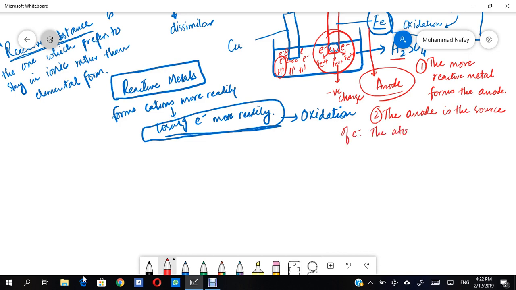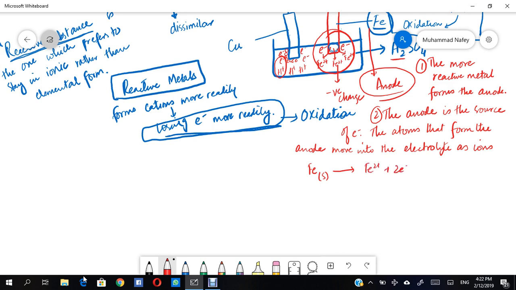The atoms that form the anode move into the electrolyte as ions. So therefore, we have our equation: Fe, which was a solid, gives us Fe2+ + 2e-.